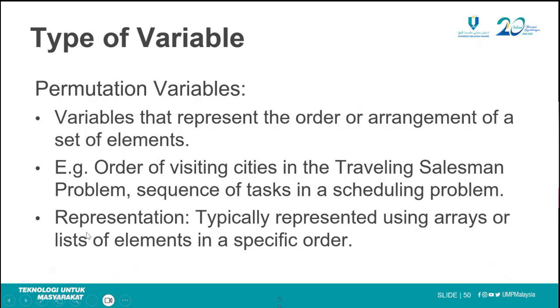Permutation means a sequence of something, a sequence of order. For example, if we have a set of jobs to be completed, job number 1 until job number 5, which one should we process first? That involves the permutation variable.